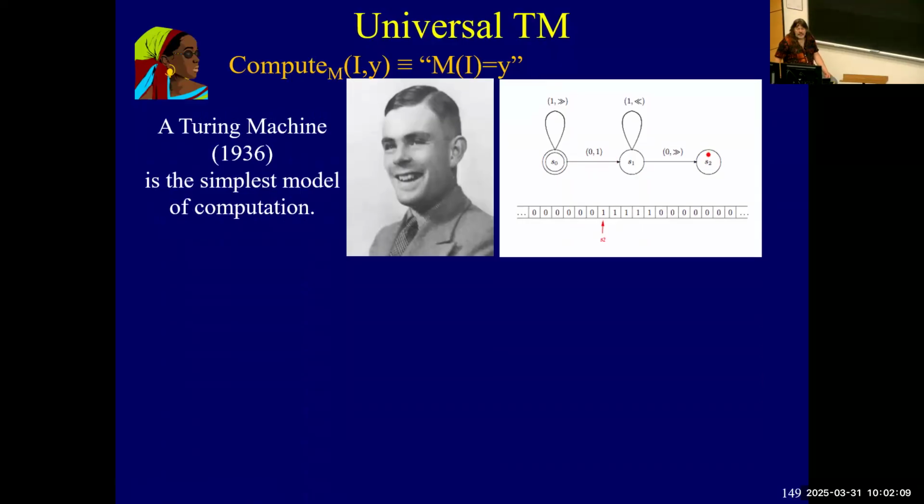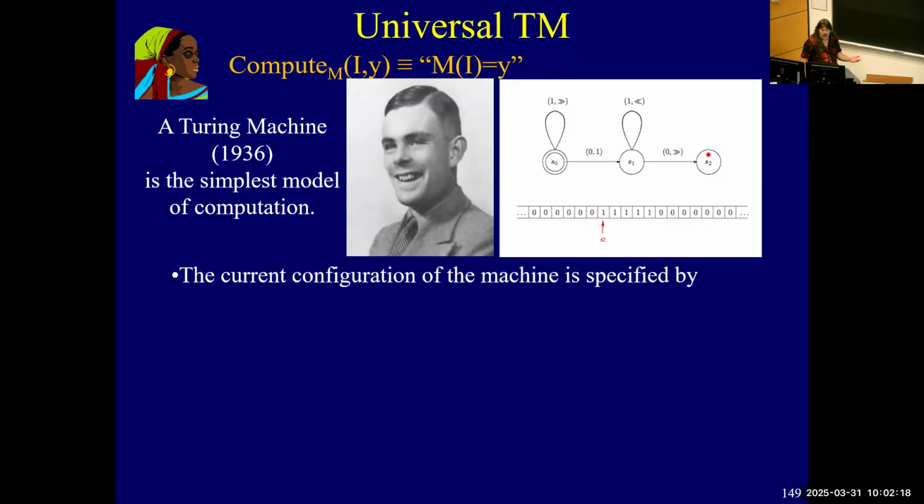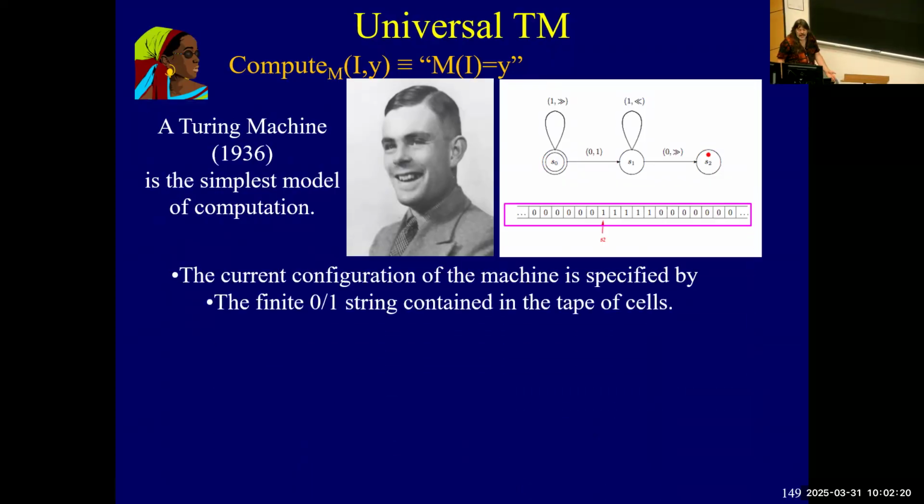And this is certainly, Turing was all about defining the Turing machine, right? What is a Turing machine? It's just a simple model. At every point in time, it's in some state, and it has some infinite tape, which is filled up finitely with zeros and ones, and it has a head.